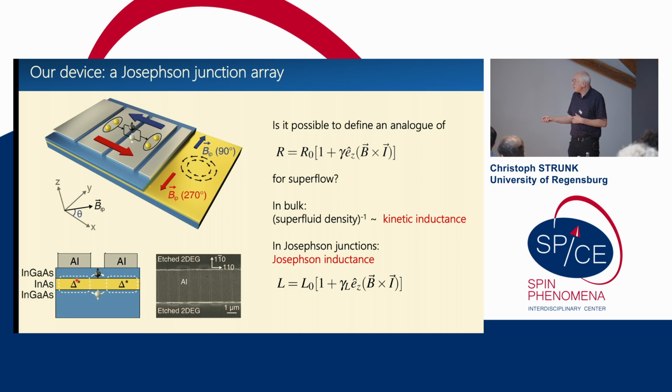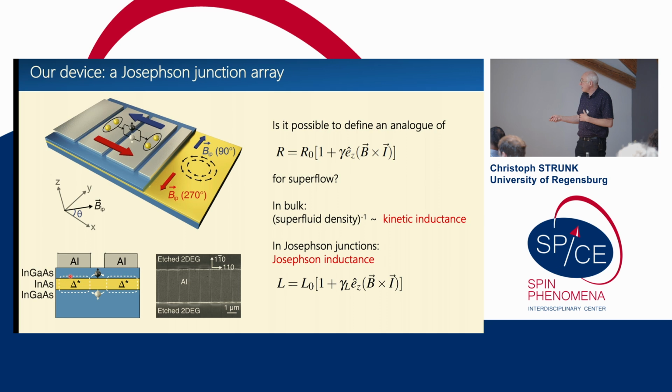And the transparency of this barrier is made such that there is a good proximity effect of aluminum to the indium arsenide, meaning there is an induced gap, delta star, which is living inside the indium arsenide.